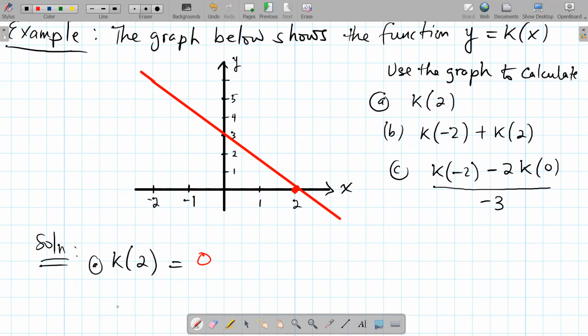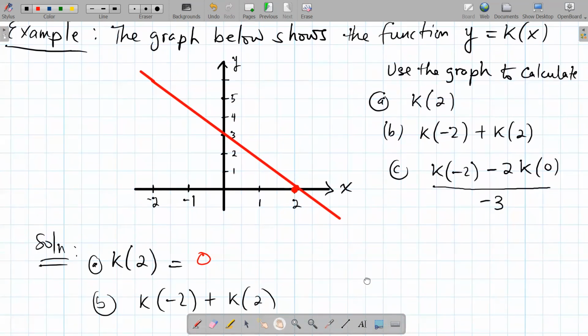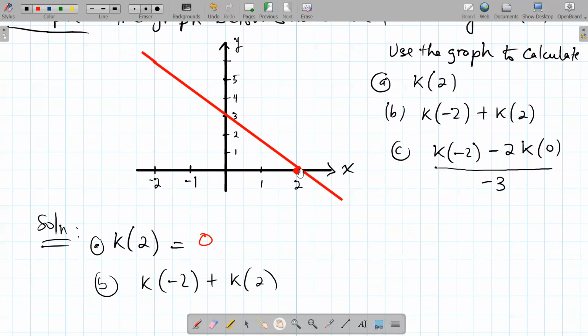The second one is we have to find K of -2 plus K of 2. So again, we know K of 2 gave us 0. What about K of -2?